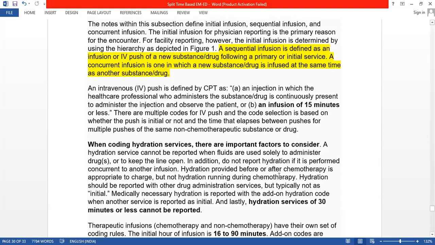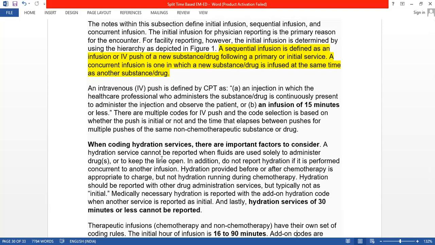Hydration provided before or after chemotherapy is appropriate to charge, but not hydration running during chemotherapy. Hydration should be reported with other drug administration services, but typically not as initial. Medically necessary hydration is reported with the add-on hydration code when another service is reported as initial. And lastly, a hydration service of 30 minutes or less cannot be reported.